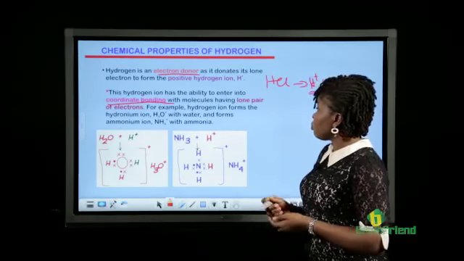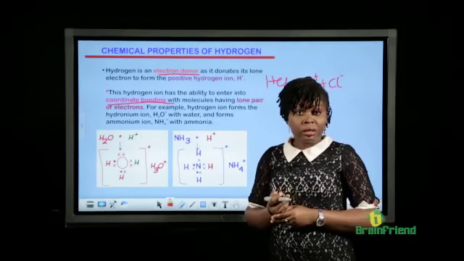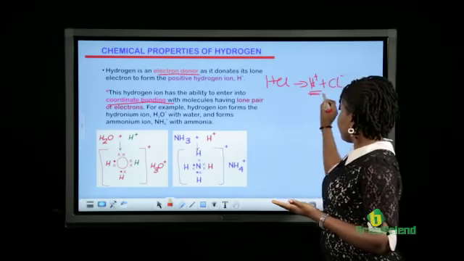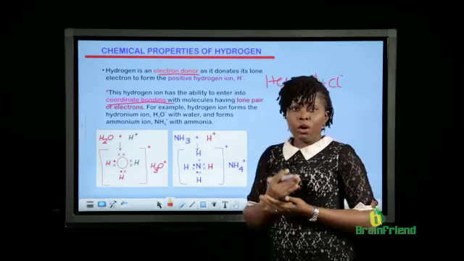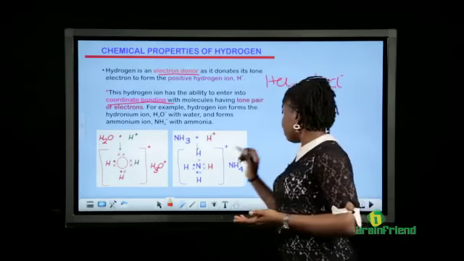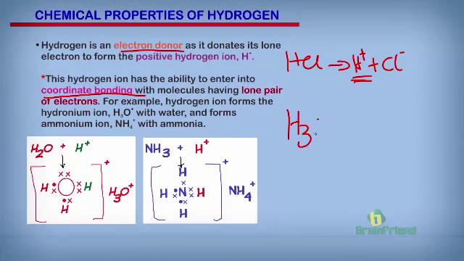For example, this hydrogen ion that we see here can form what we call the hydronium ion, H3O, with water. It can also form ammonium ion with ammonia.